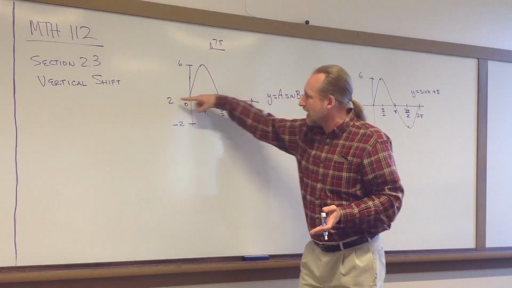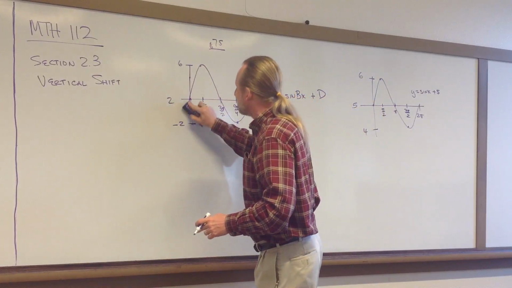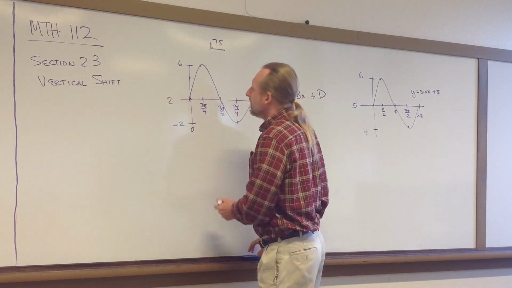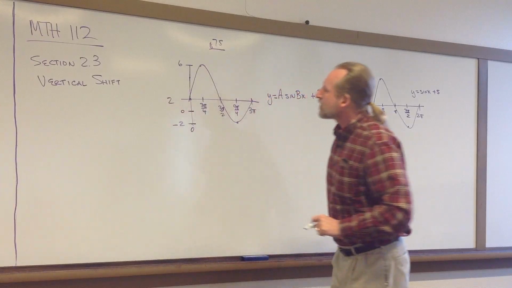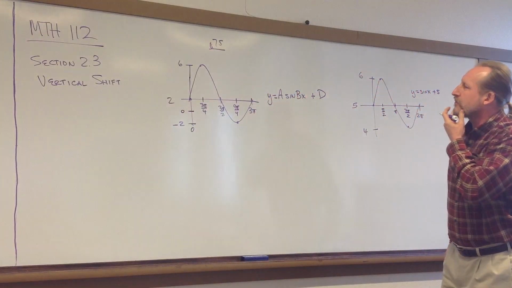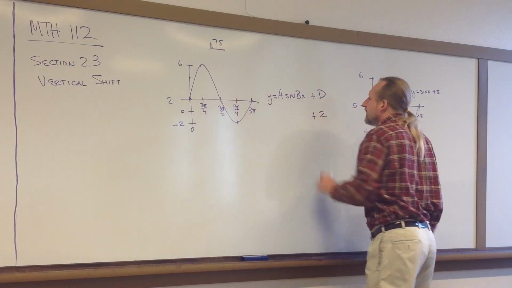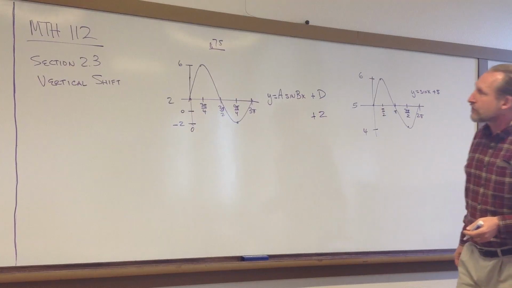That's what this midline being at 2 is telling us. Instead of being at 0, well, that's the 0 on the x-axis, the 0 on the y-axis is over here. So this has been pushed up 2 places. That tells us that our vertical shift here is going to be 2.